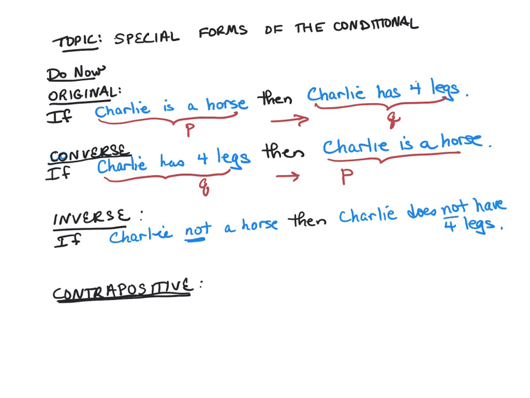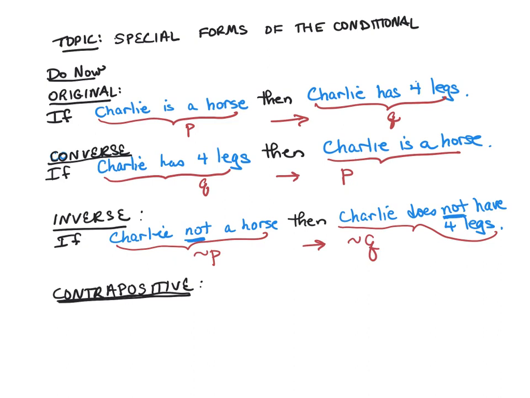And here again we negate the antecedent and consequent, and we write this as if not P, then not Q. Okay? All right. And then finally, what do you think the contrapositive would be?